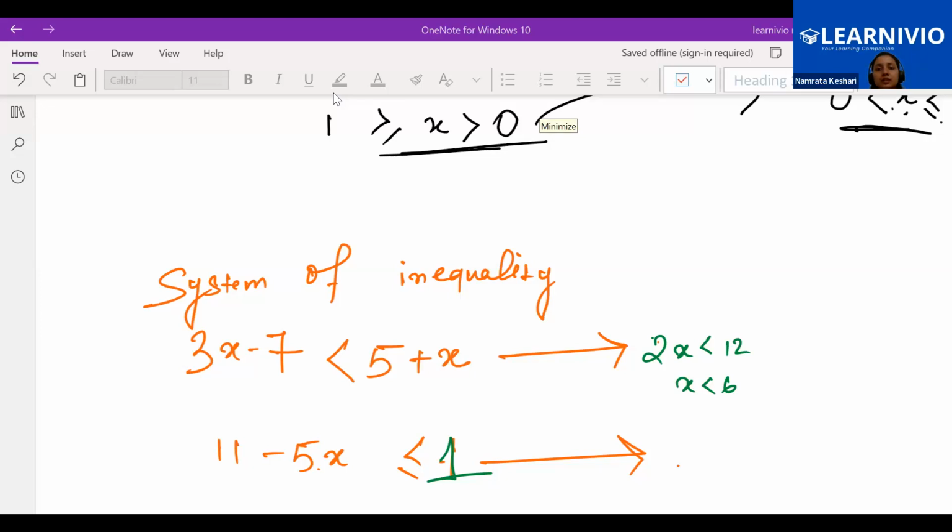Yes, Ali. Ma'am, is that 1? Let's check. I'm asking, is that 1 or minus 1? It is 1. Just 1, not minus 1.